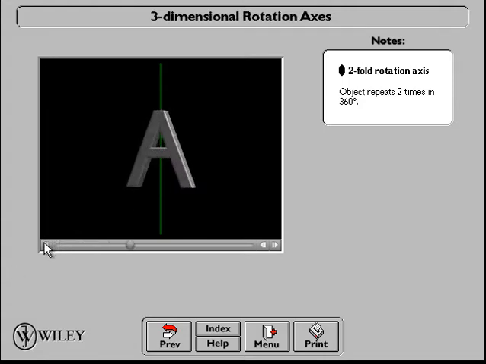We are turning it, and the first time at 180 degrees, and the second time at 360 degrees. That is typical for a 2-fold rotation axis.